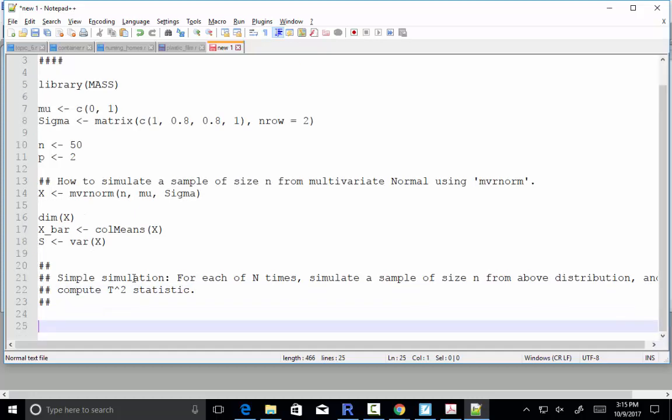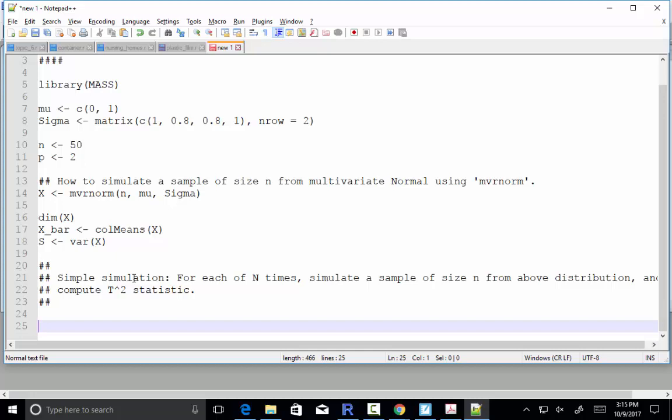So I'm going to simulate a sample of size n from this multivariate normal. With that sample, I'm going to compute x bar and S, and then I can put those together to compute a t-squared statistic if I want to just illustrate the use of the t-squared.